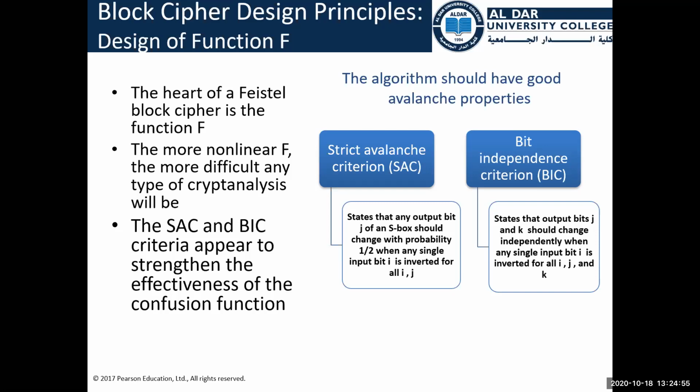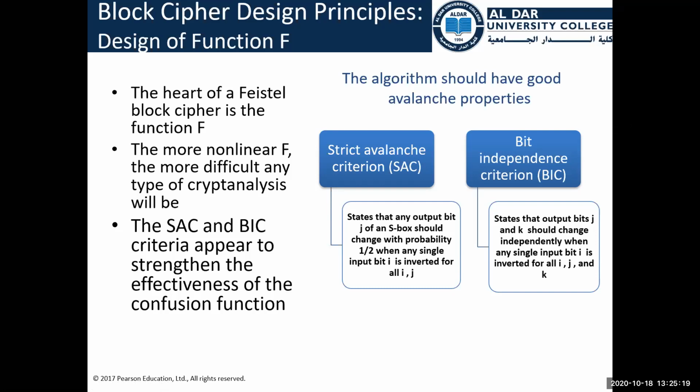And for the bit independence criterion, this means that the output should change independently of the input. Any change we see in the output doesn't mean that we have a specific change in the input. There is no relationship.